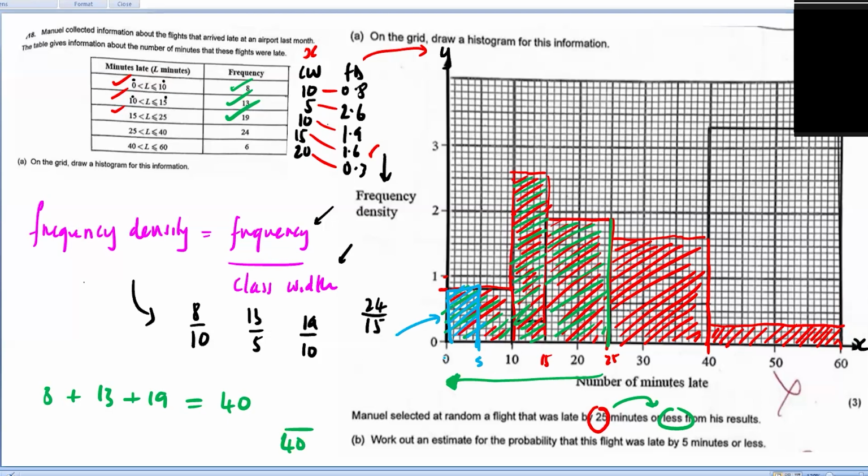Well, what's 0 to 10? According to that table, how many fell in from 0 to 10? Are you sure? Look at the frequency for 0 to 10. It's 8. So what would be half of that?